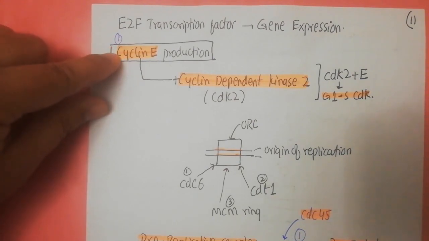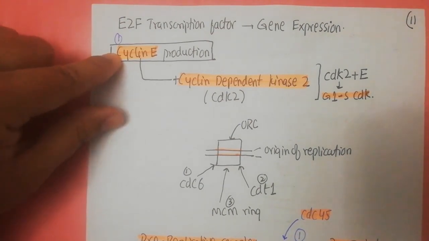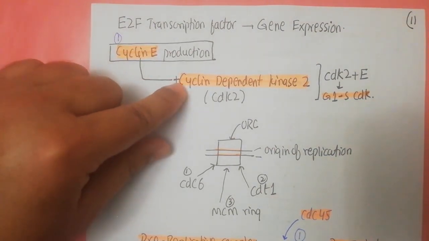Now, this cyclin E, when its concentration is increased, as you all know, cyclins are the regulatory subunits of some kind of cyclin-dependent kinase. So in this particular case, the cyclin E is actually working as a regulatory subunit for another protein known as cyclin-dependent kinase 2.